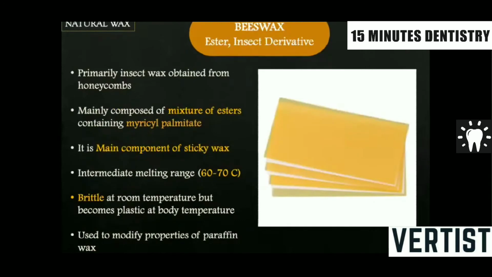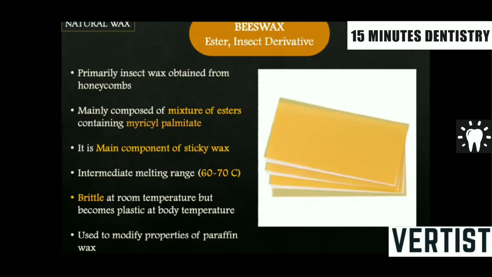Beeswax is another natural wax which is an ester derived from an insect. We all know about this. It is a main component of the sticky wax and its melting temperature is 60 to 70 degrees Celsius. But it is very brittle at room temperature and becomes plastic at body temperature. It is used to modify the properties of paraffin wax.